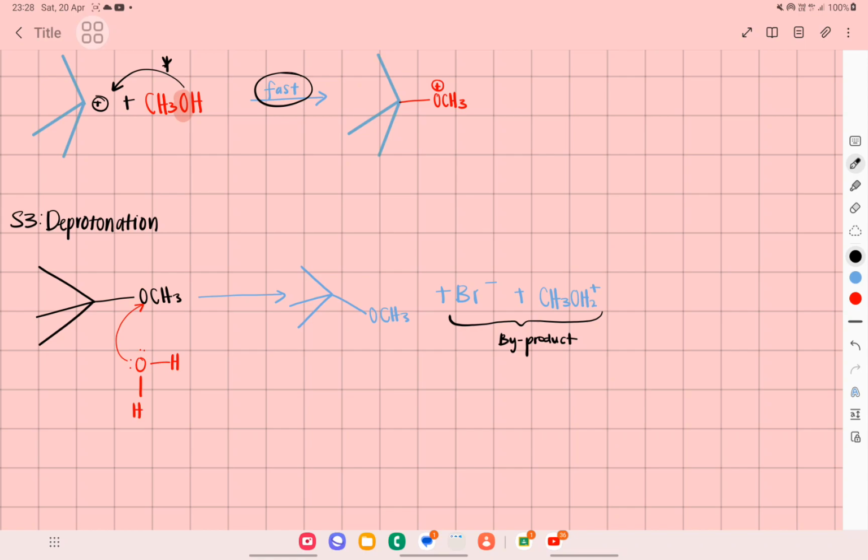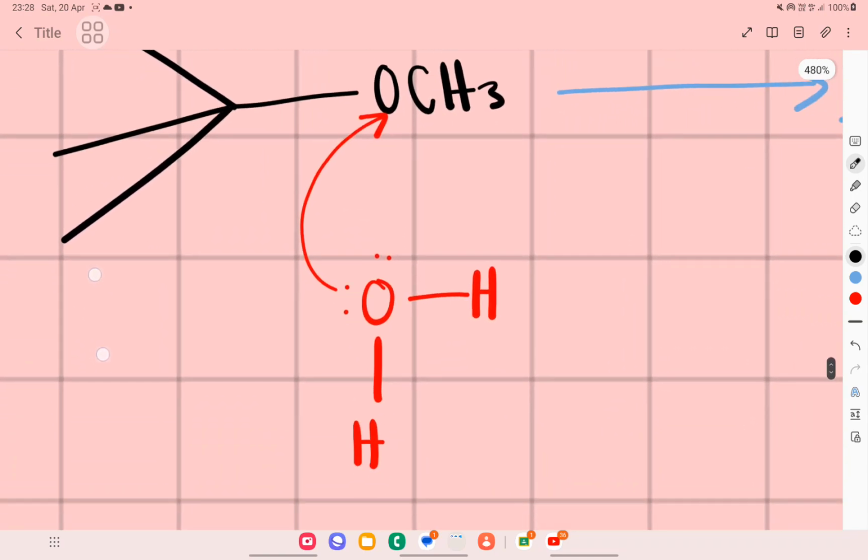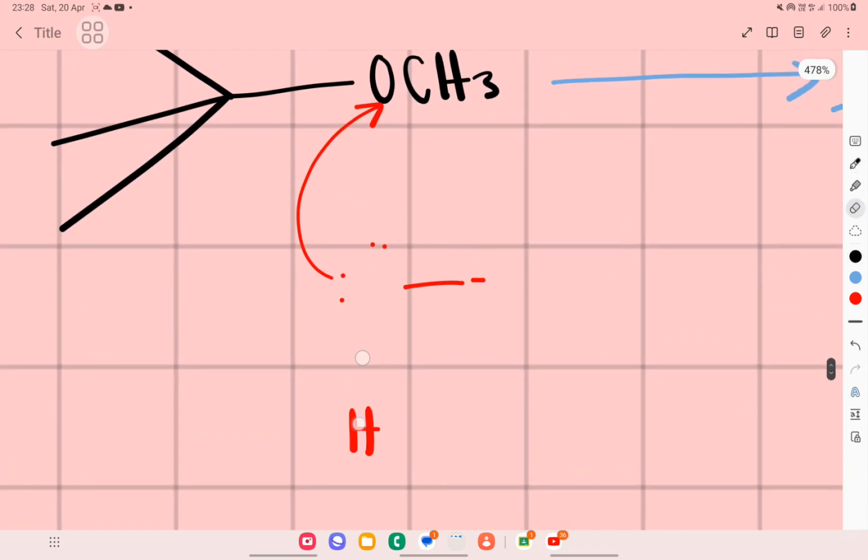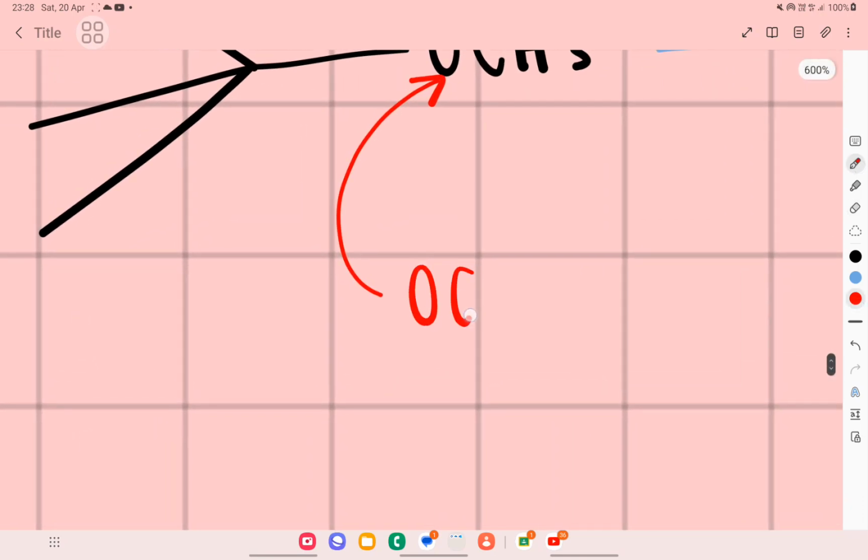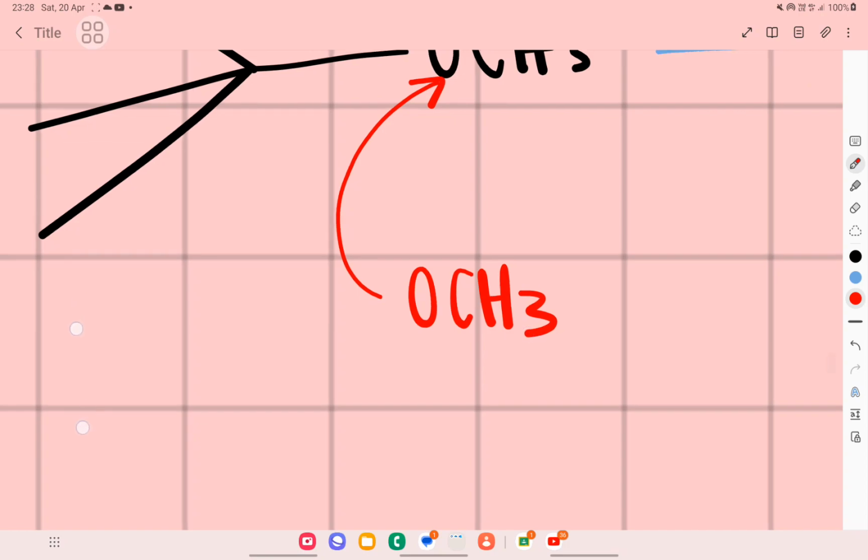So the methanol will act as a base. This is actually not water, this is also OCH3. By the way, I hope I don't make a mistake.